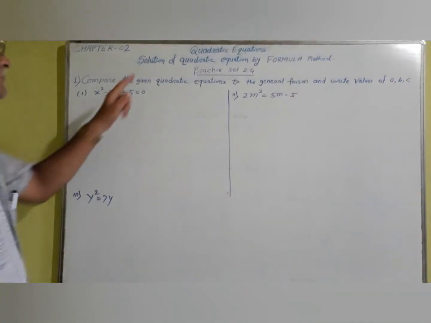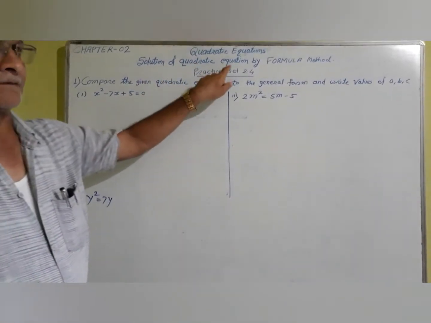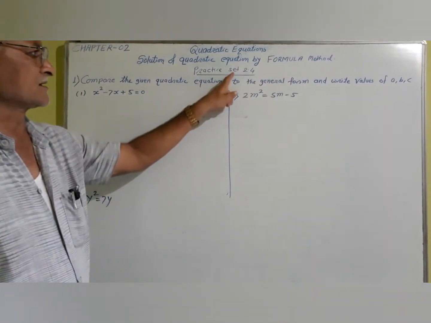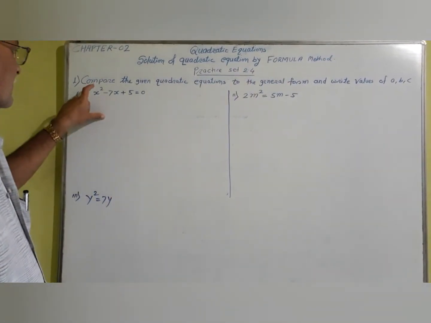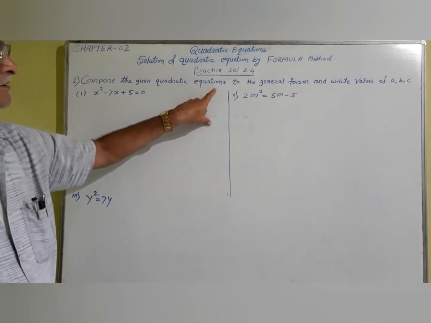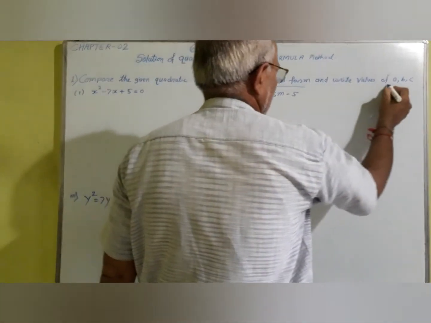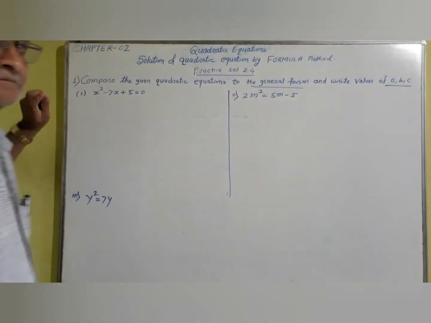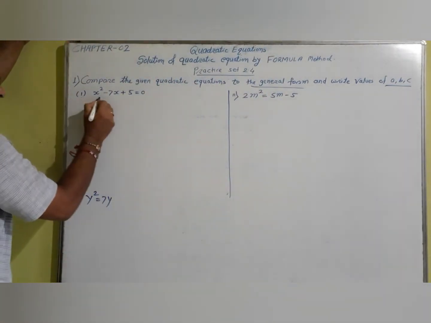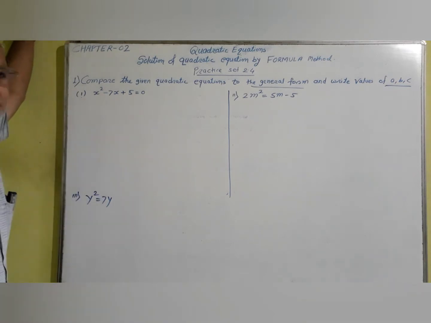equation. Solution of quadratic equation by formula method. Practice set 2.4. Compare the given quadratic equations to the general form and write the values of a, b, c. Now the first example is x square minus 7x plus 5 is equal to 0.